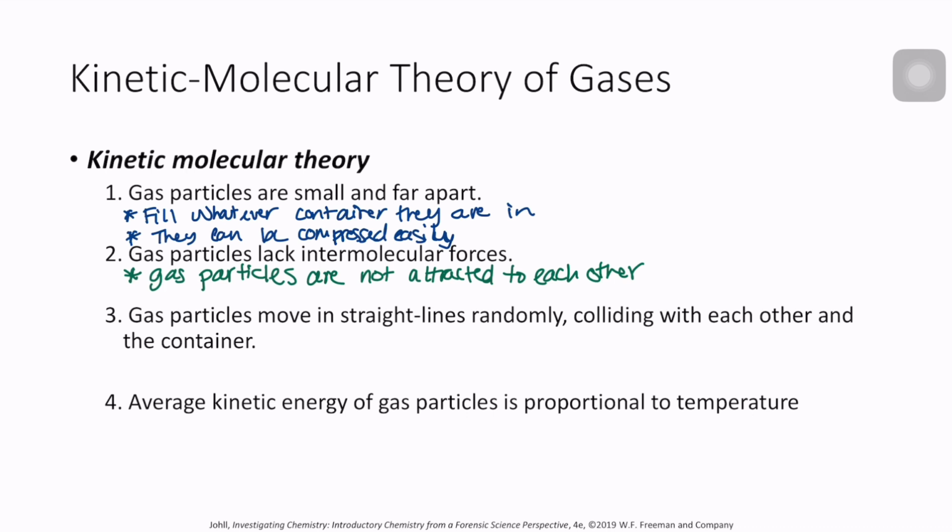The third postulate is that gas particles are going to move in a straight line and they will collide with each other randomly, and they will also collide with the container.